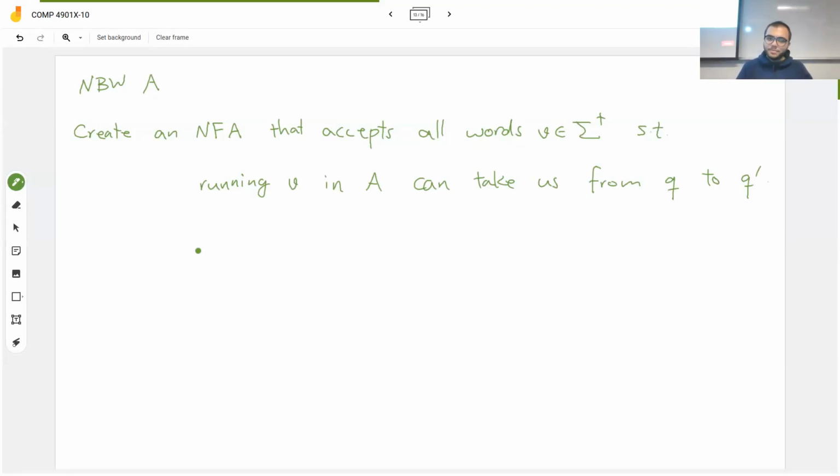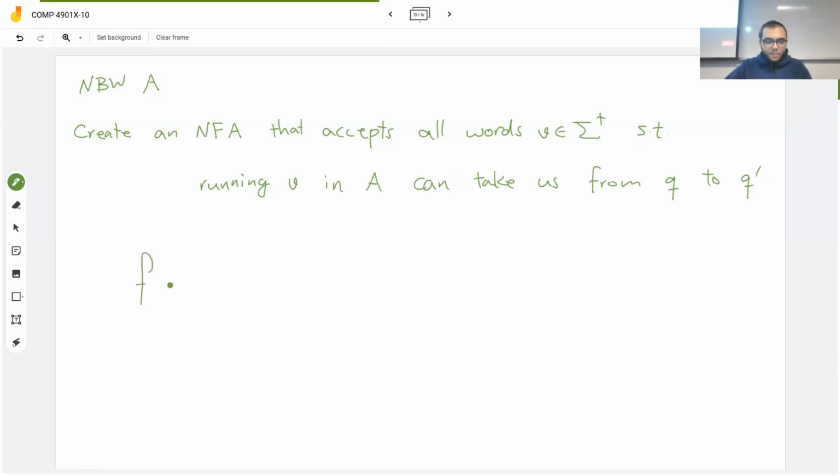Okay. What if I say create an NFA that accepts all the words such that running V in A cannot take us from Q to Q prime? Again, this is the complement of the previous one, and we know that we can complement NFAs. So for all of these, I can create NFAs for all constraints that are like this.